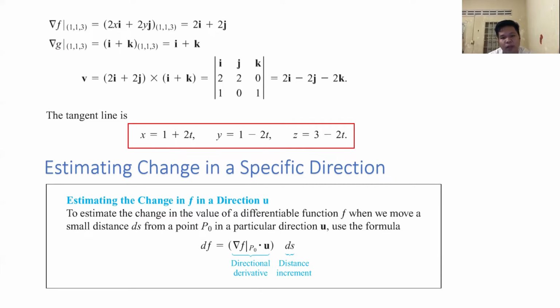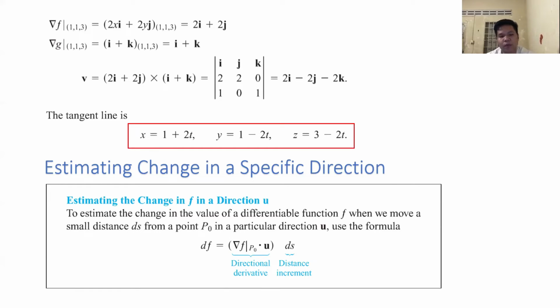And then we want to find the cross product of these two gradients, and we get vector v equal to 2i minus 2j minus 2k. The tangent line is x equal to 1 plus 2t, y equal to 1 minus 2t, and the last one is z equal to 3 minus 2t.